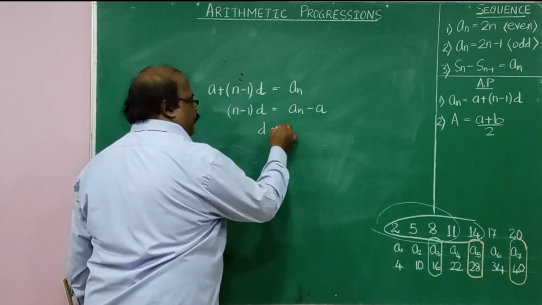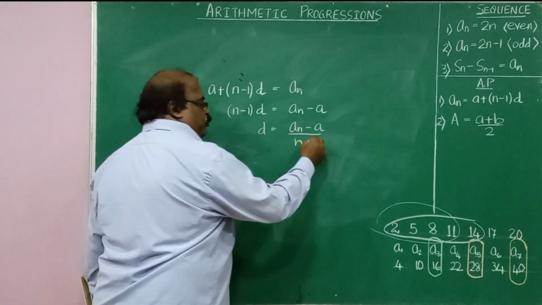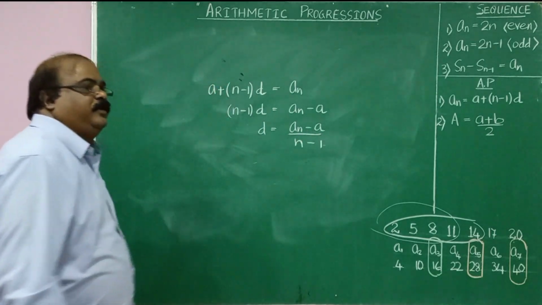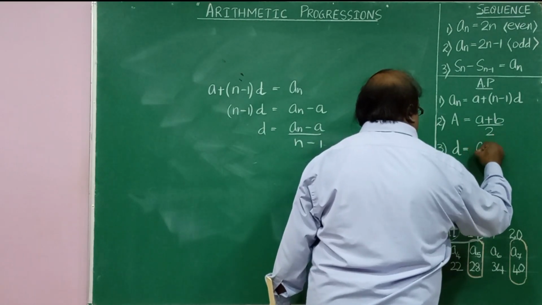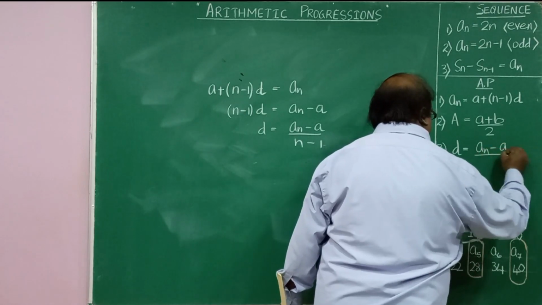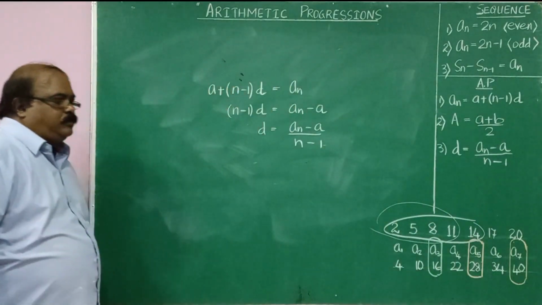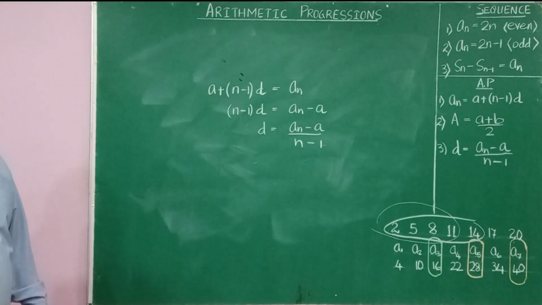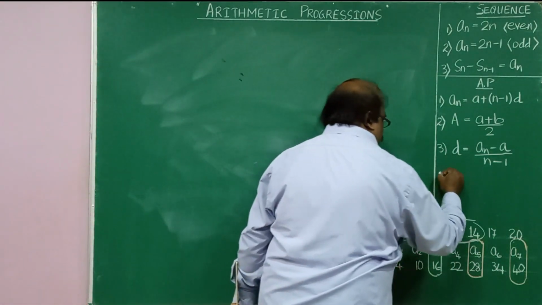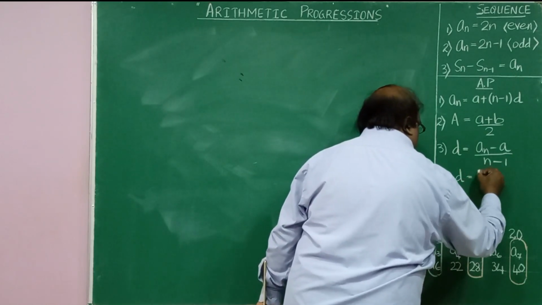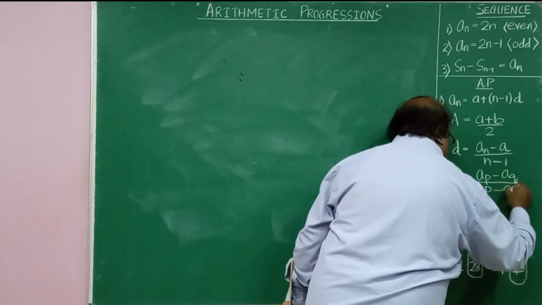What is d then? An minus a. This n minus 1, which was in the numerator, going that side goes to the denominator. So another formula to find the value of d: d is equal to (An minus a) upon (n minus 1). d can also be equal to (AP minus AQ) upon (P minus Q).